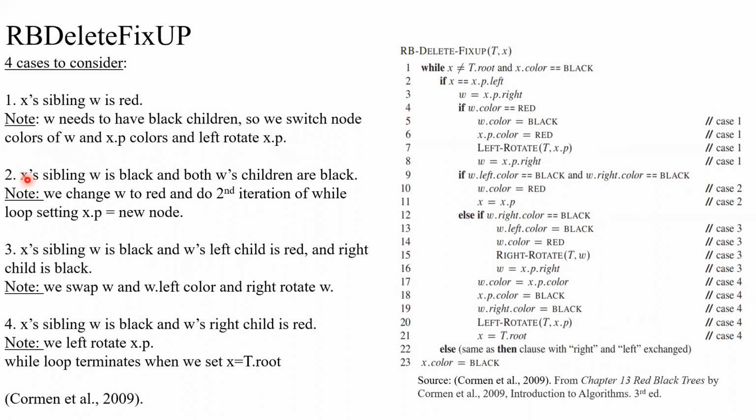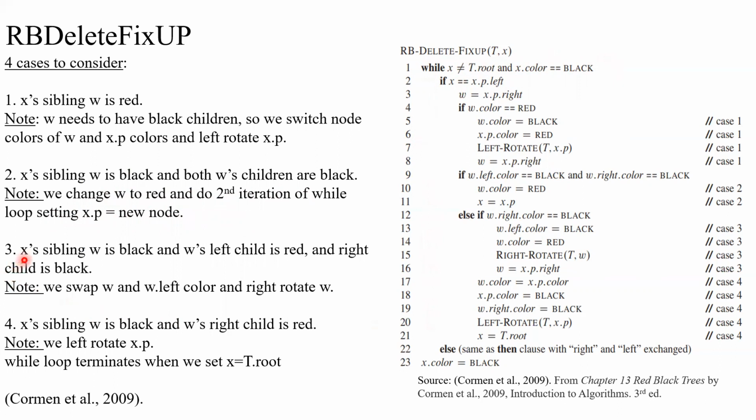In case 2, X's sibling W is black and both W's children are black. In this case, we change W to red and we do a second iteration of the while loop, setting X equal to X.parent. The while loop is running under the assumption that X is not equal to T.root and X.color is black. So both of those conditions have to be satisfied in order for this algorithm to run.